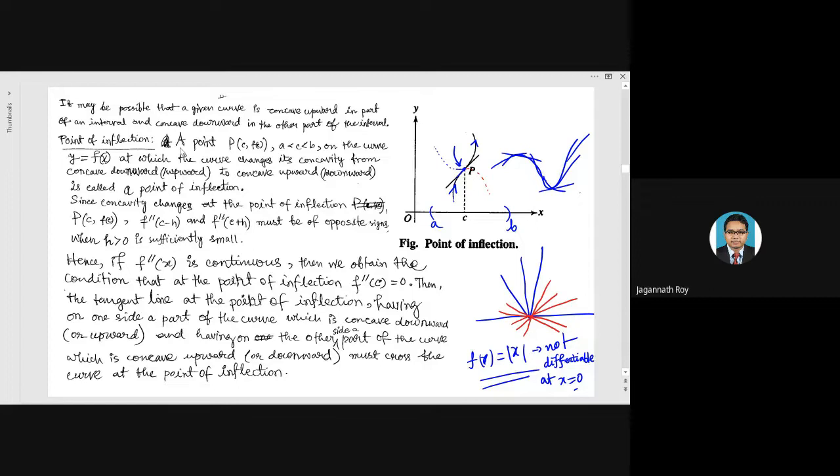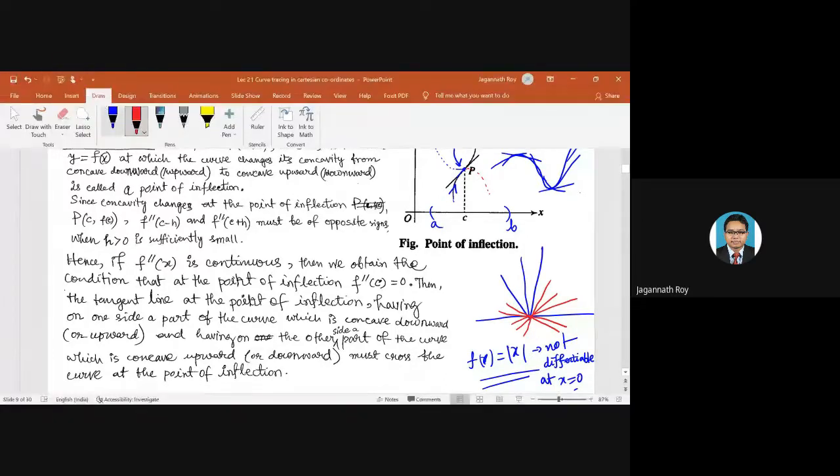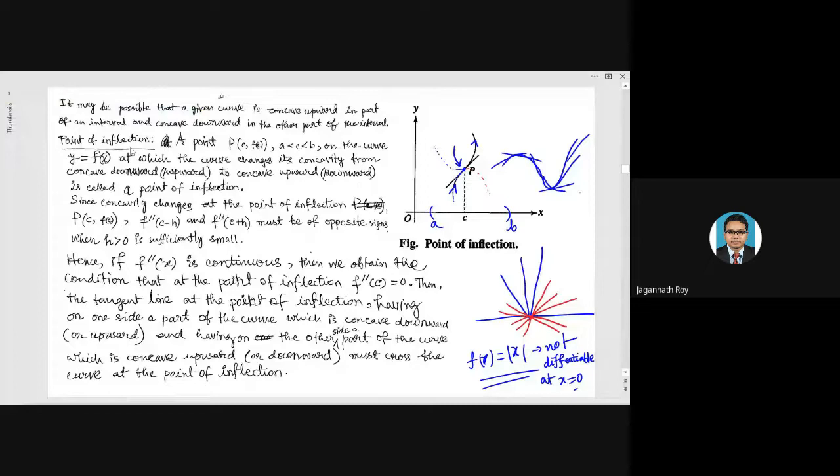So this is one kind of situation, but not exactly the same. So what happens for an inflection point? If we have an inflection point at this point, the concavity changes. So it will be concave upward, and after that it will be concave downward.